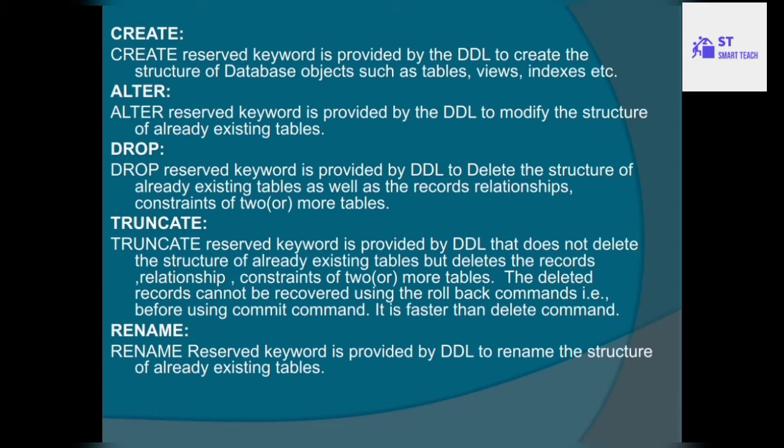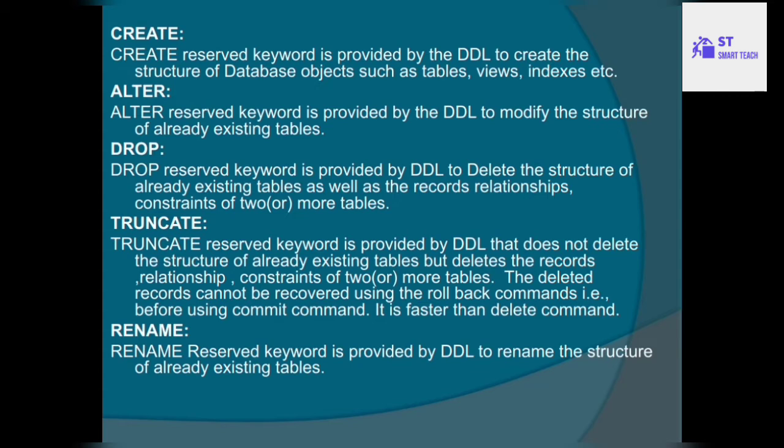Next command is truncate. Truncate is also a reserved word. It does not delete the structure of an already existing table but deletes the records and relationships and constraints of two or more tables.